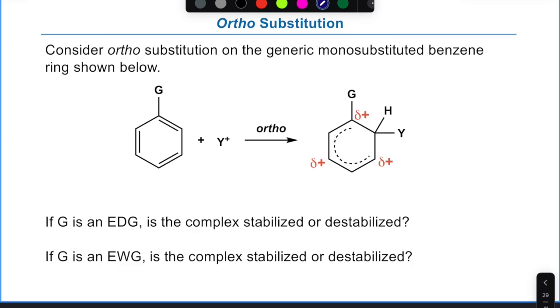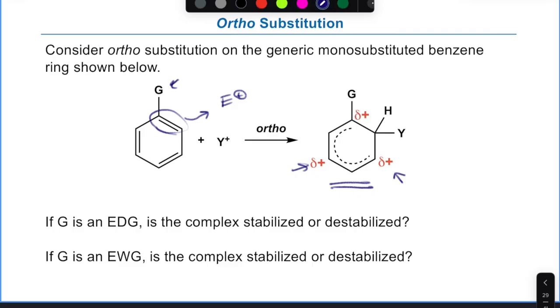So ortho substitution: if we have this initial ring and we use this pair of lone electrons to react with an electrophile, we're going to be creating this intermediate whereby a positive charge under resonance will either sit at this position, or this position. And again, if we're averaging out all the resonance structures, we're going to get a partial positive charge on each of these positions.